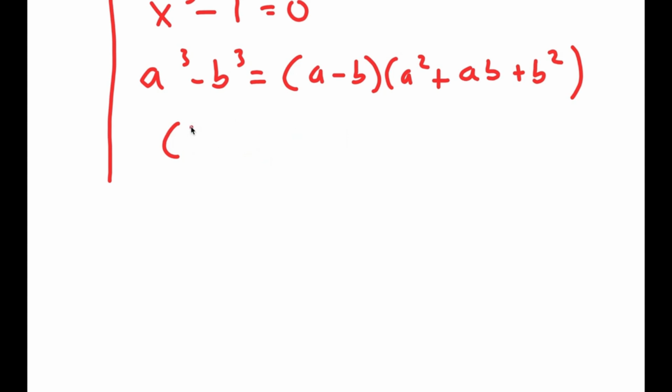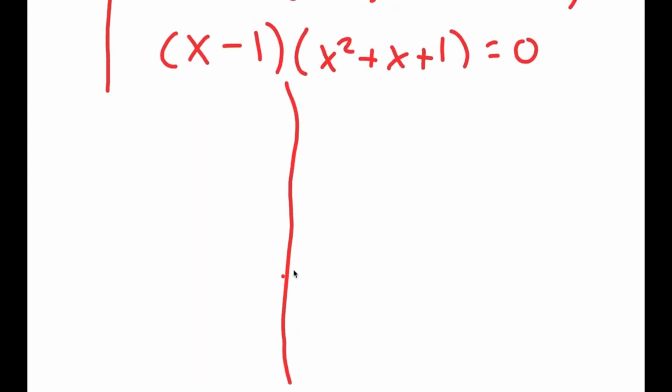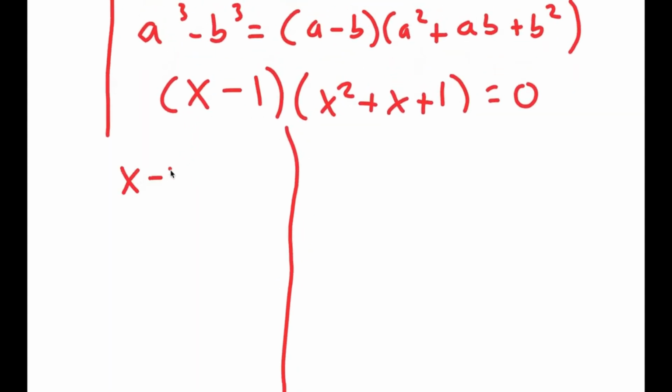Sorry, this turns into x minus 1 times x squared plus x plus 1 is equal to 0, which gives me yet another two equations. So now I have x minus 1 equals 0 and x squared plus x plus 1 equals 0.